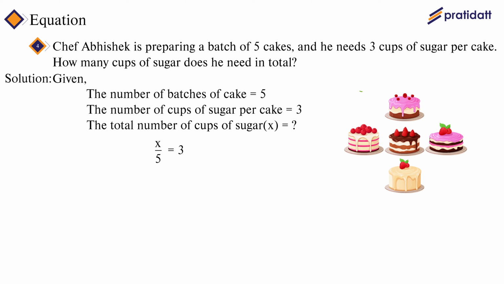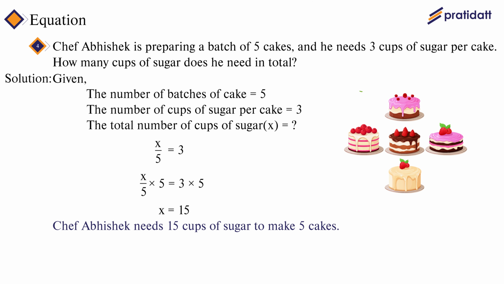Multiply both sides of the equation by 5. So we get x divided by 5 multiplied by 5 equals 3 multiplied by 5. x equals 15. The value of the variable is 15. Chef Abhishek needs 15 cups of sugar to make 5 cakes.